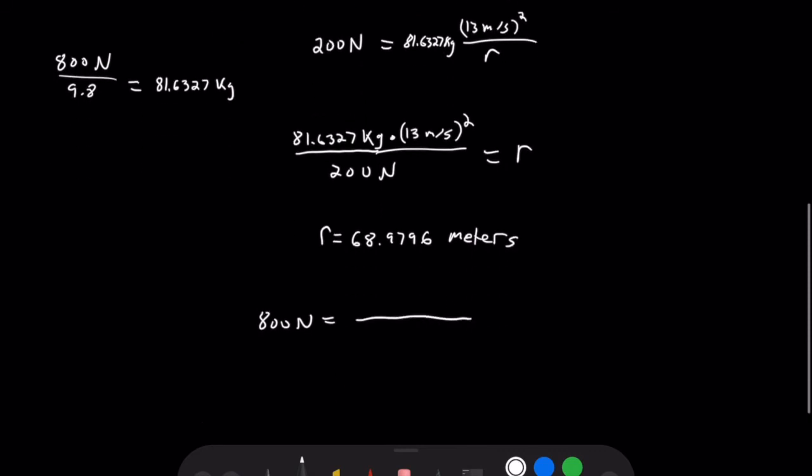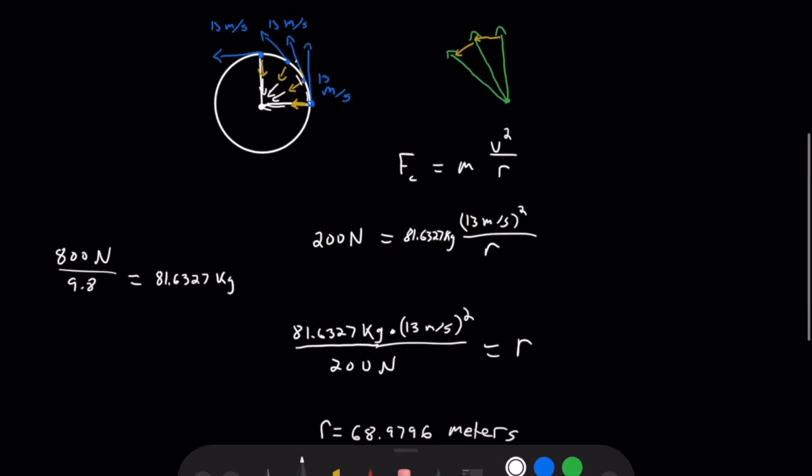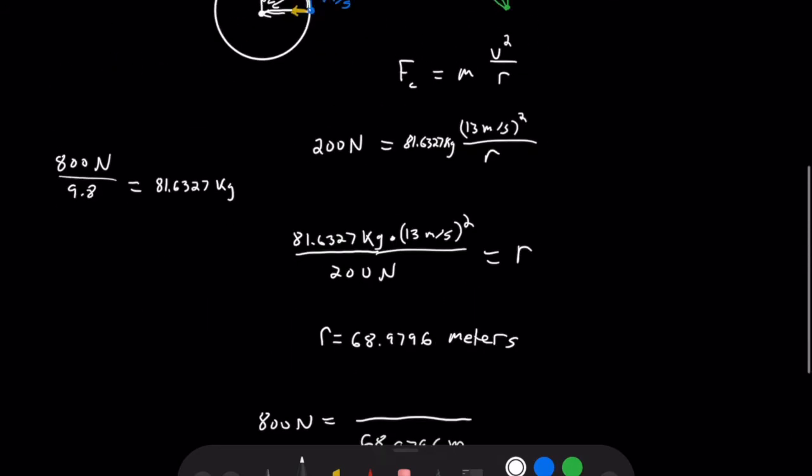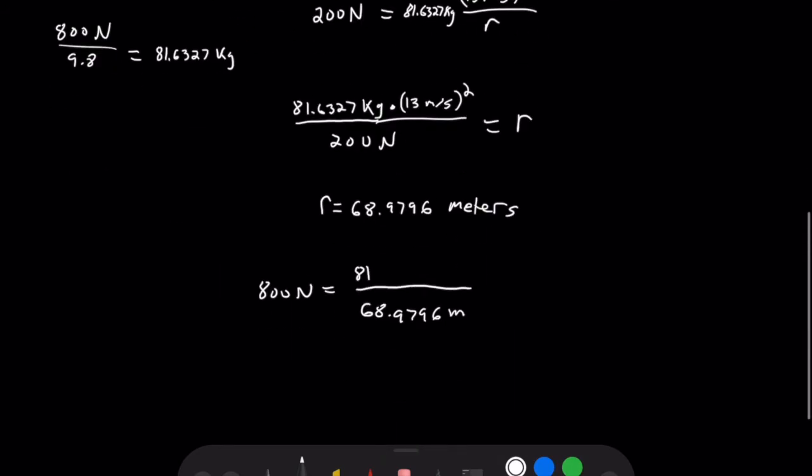So we're going to plug in this value here, times 81. Oh wait, yep, and then we wanted to solve for the velocity that will cause that.